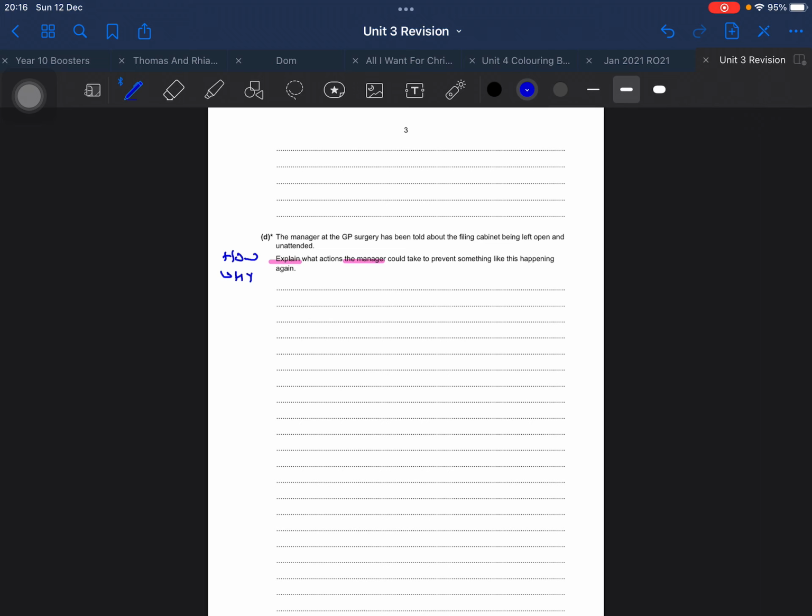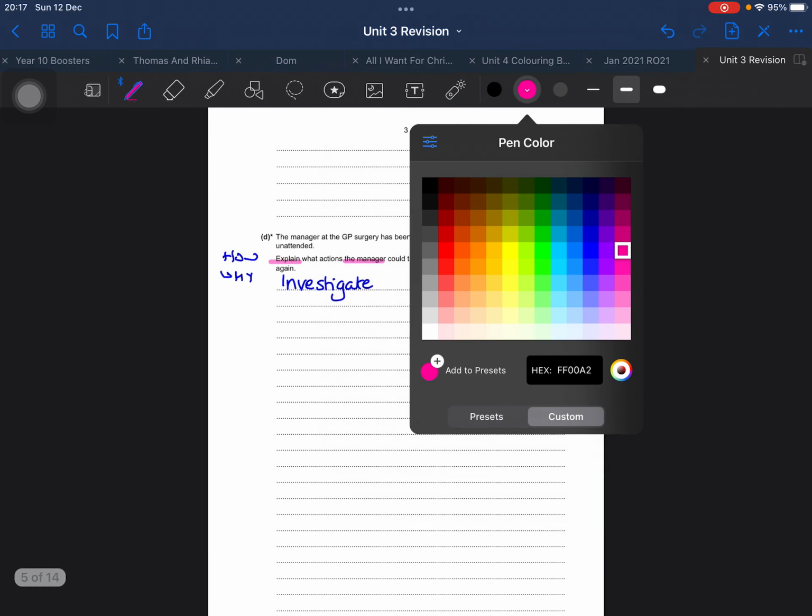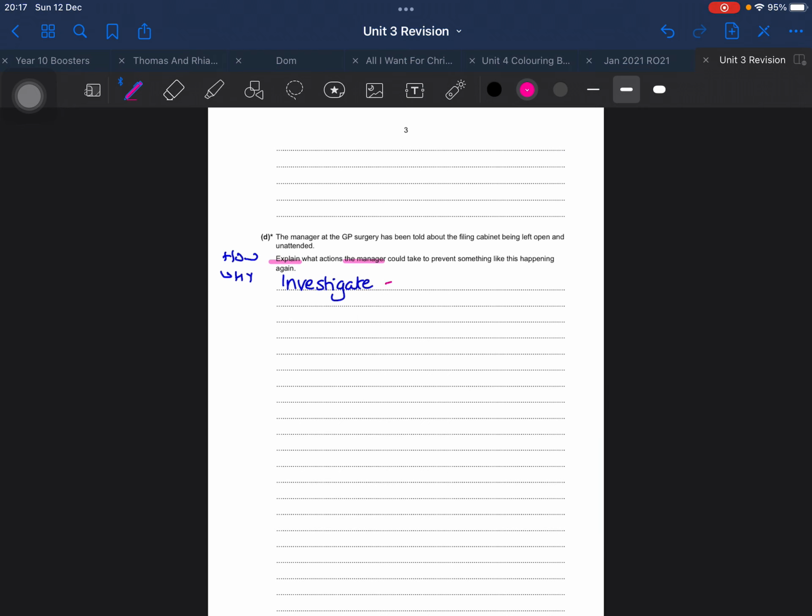Okay, so in terms of steps, I'm going to make some notes. Investigate. So what does that mean? Okay, so the manager should investigate. They should carry out a review of the incident and identify what went wrong.